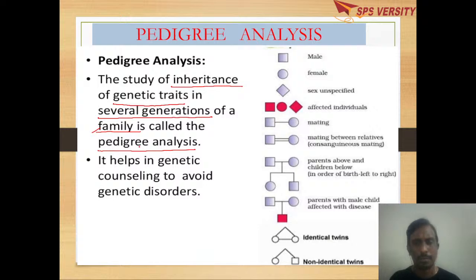What is the purpose of this? It helps in genetic counseling to avoid genetic disorders. The couples who are going to marry are given genetic counseling based on their pedigree analysis: what type of offspring are born, and what genetic disorder possibilities are there.